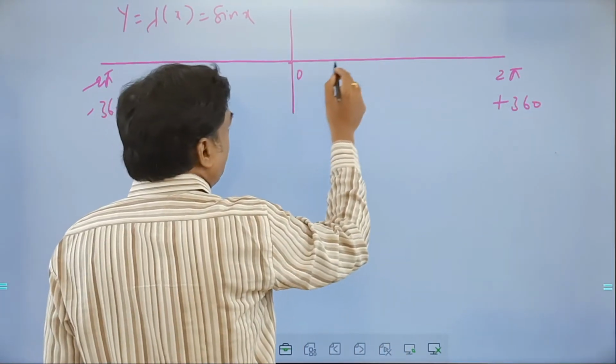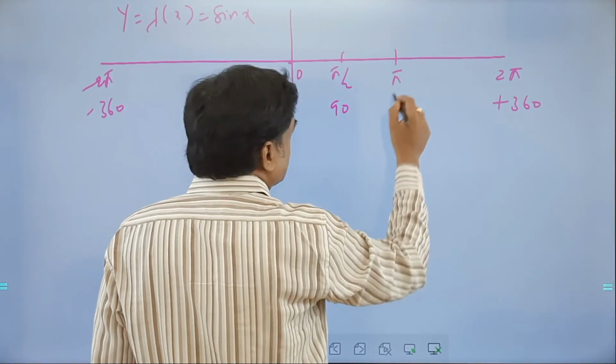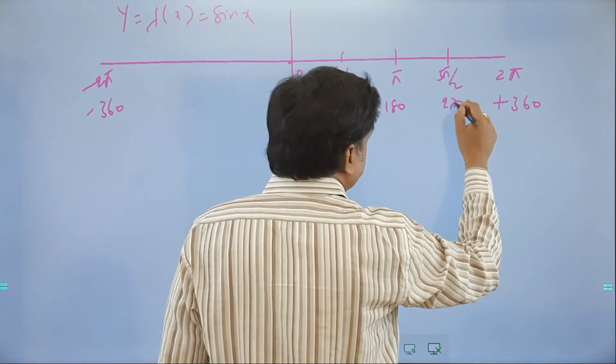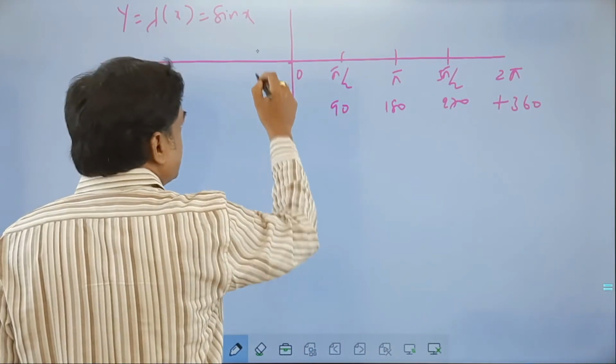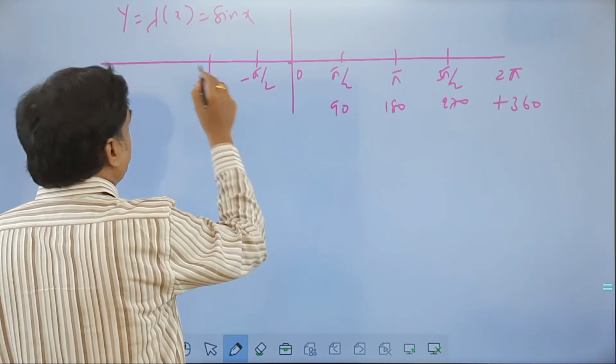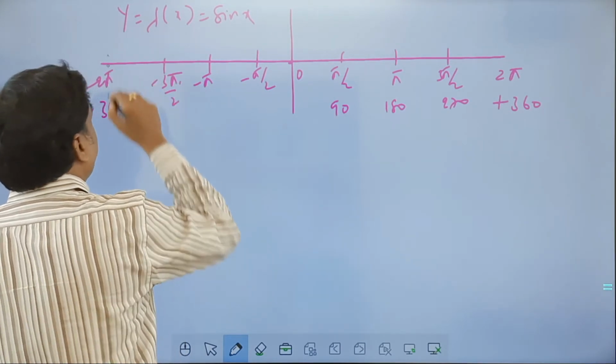Basically this is 0. Then this can be taken as pi by 2 or 90. This can be taken as pi or 180. This can be taken as 3 pi by 2, that is 270, and 360. On the other side it is minus pi by 2, minus pi, minus 3 pi by 2, and finally minus 2 pi.